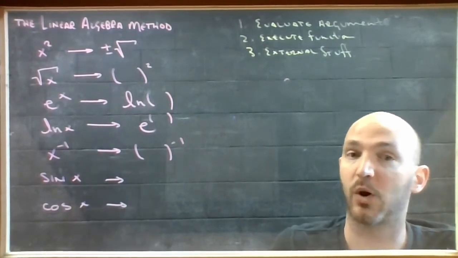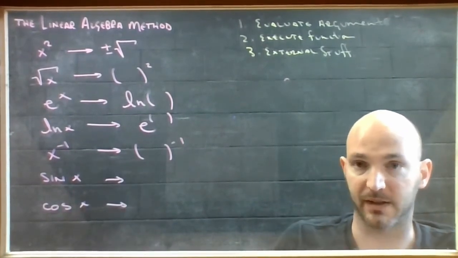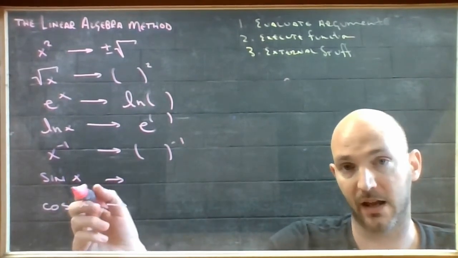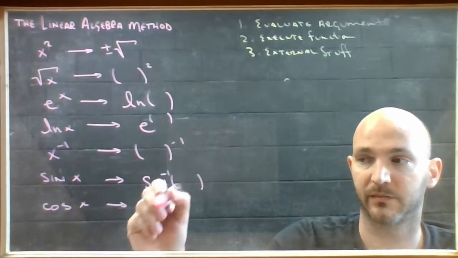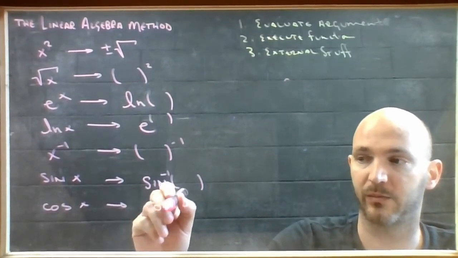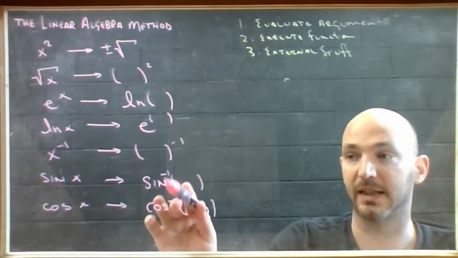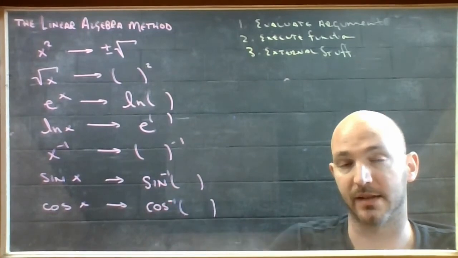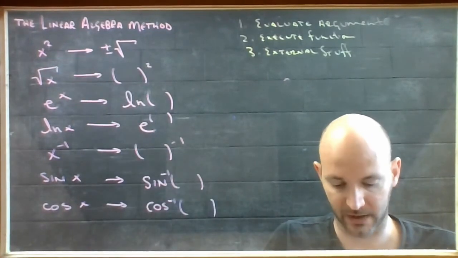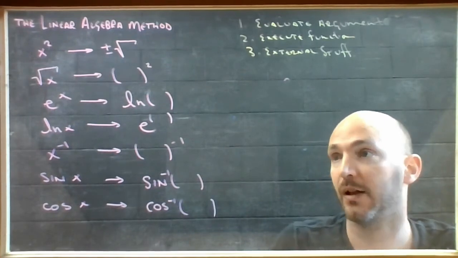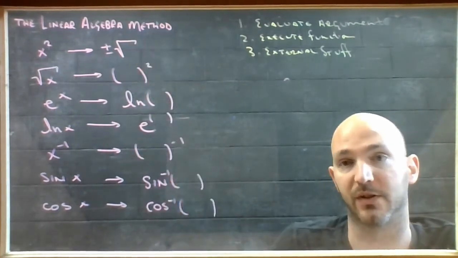Now you should have been working on the sine and the cos in the independent study and realize that the anti-function for sine is this thing, and the anti-function for cos is this thing, and this is named arc sine and this is named arc cos. So when you come across these functions in your steps and you're trying to undo them, there's your list of anti-functions in order to get it done.